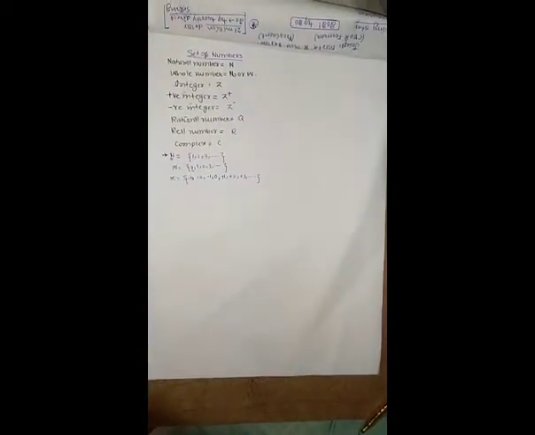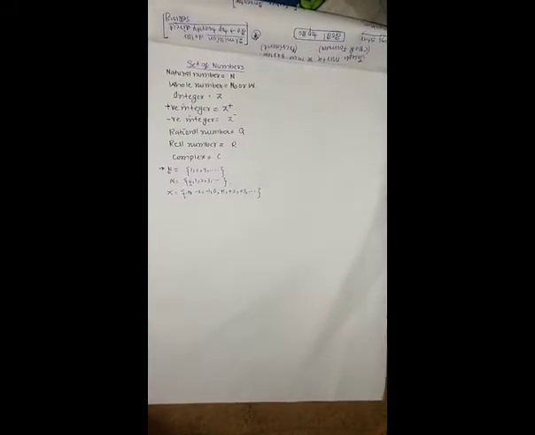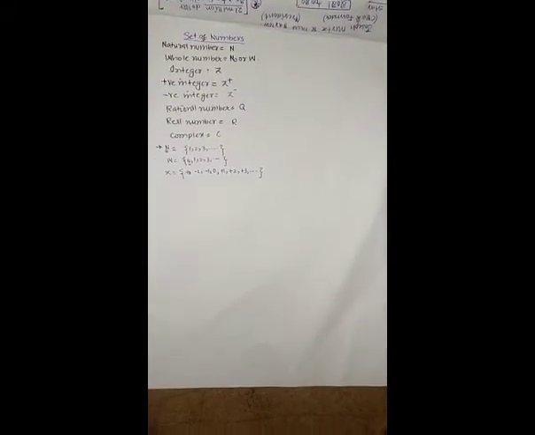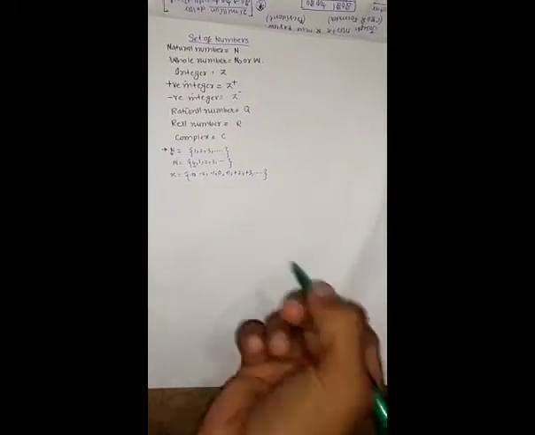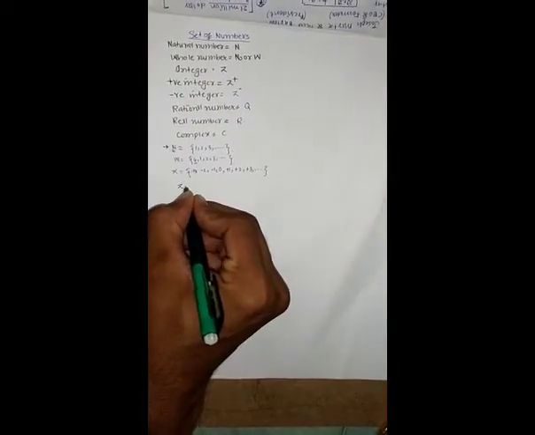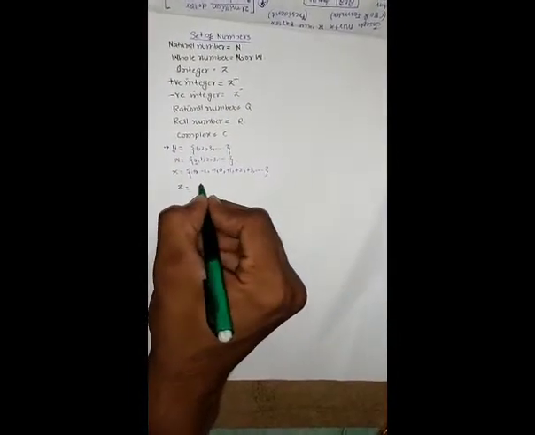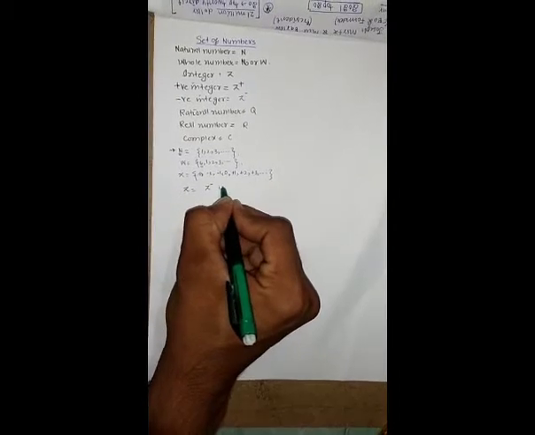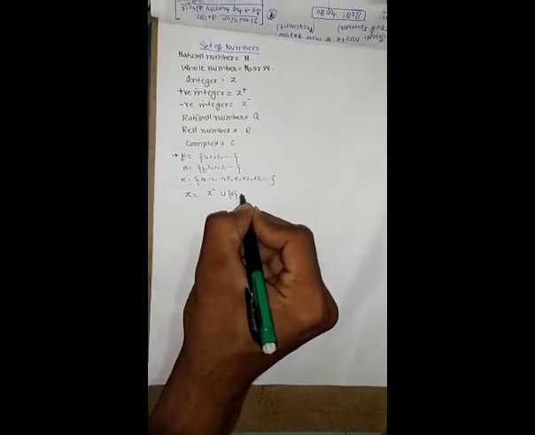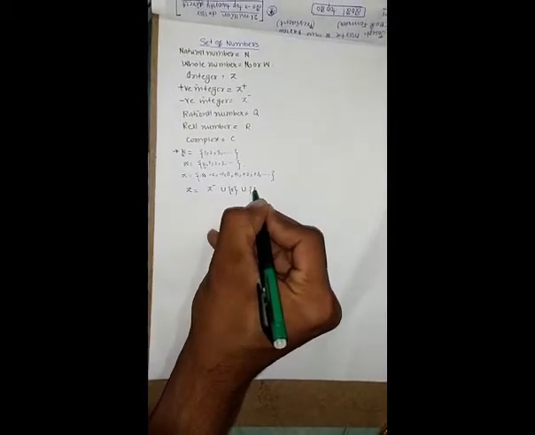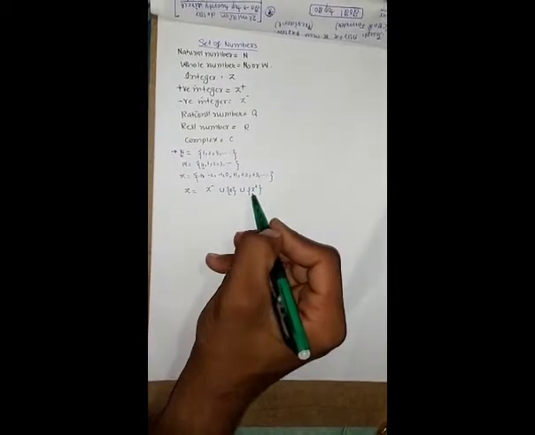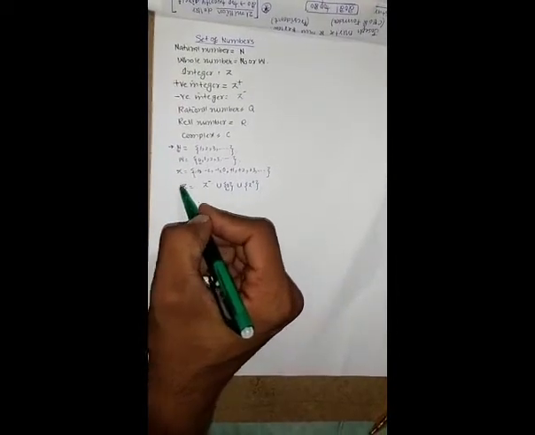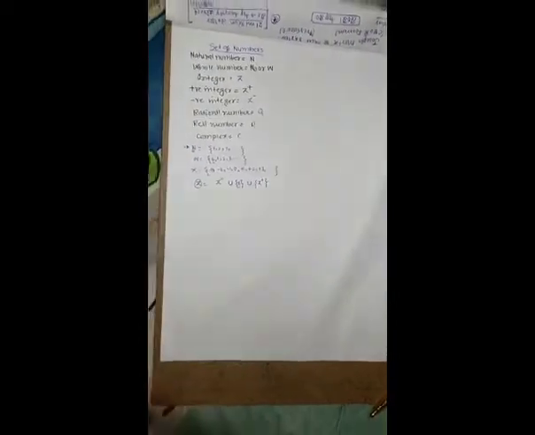These are called integers. Integers may be positive, negative, and 0 is also included. We can also write integers Z equal to Z negative union 0 union Z positive. It means that positive numbers, 0 and negative numbers are combined to make the integers.